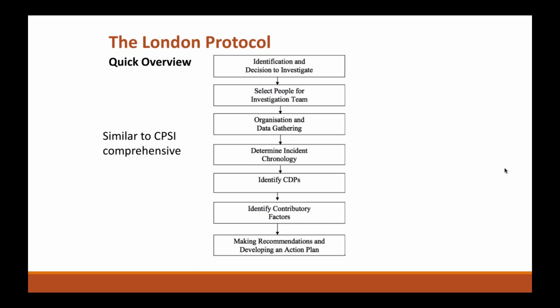You determine the incident chronology. You determine essentially the primary problem types, or as the London Protocol called them, the care delivery problems. And then we identify the contributory factors and ultimately end up making recommendations and developing an action plan. So pretty much the same process as the CPSI Comprehensive.